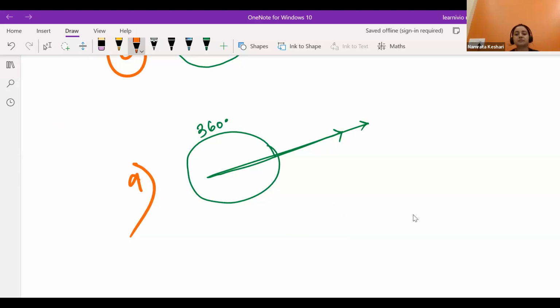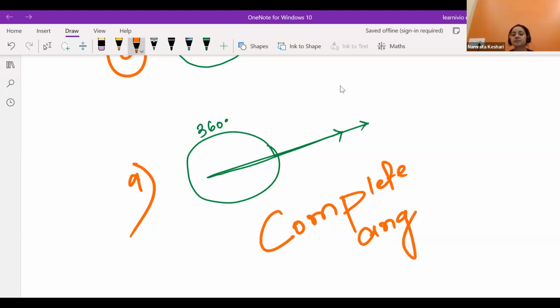Yes, ma'am, reflex. 360 degrees, Tejas. Number 9. Ma'am, complete angle. Yes, number 9 is 360 degrees. It is a complete angle. Yes or no? Yes, ma'am.